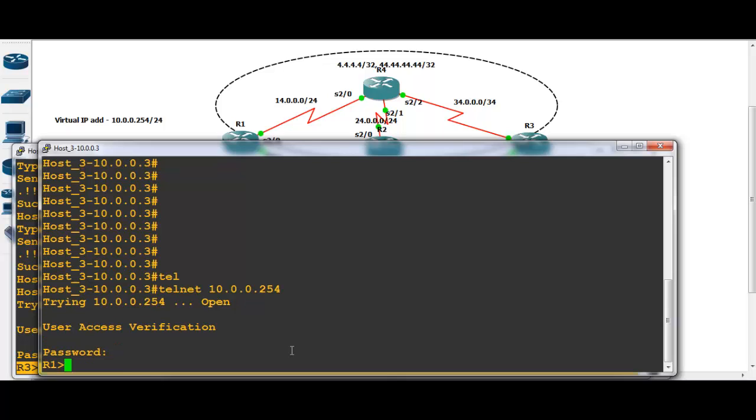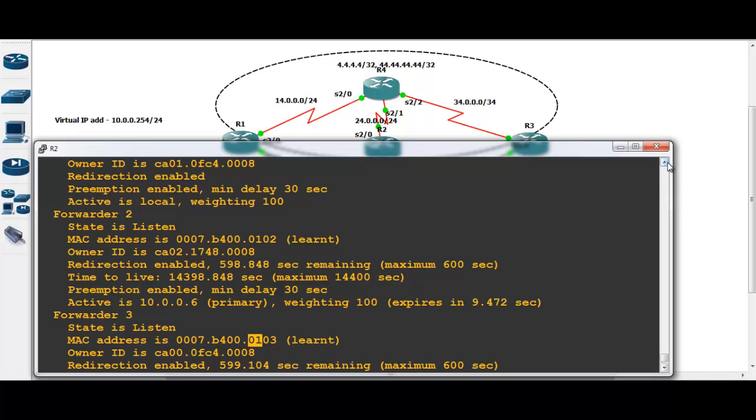So all three are actively forwarding the traffic. This is what is called the Gateway Load Balancing Protocol, GLBP. Hope you understood all these three first hop redundancy protocols. If you have any doubt, you can ask me now.